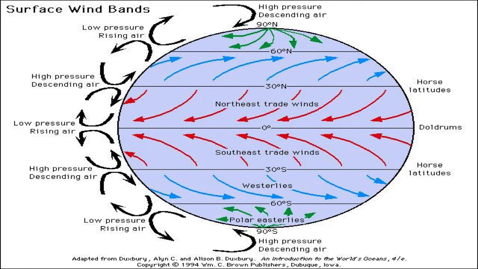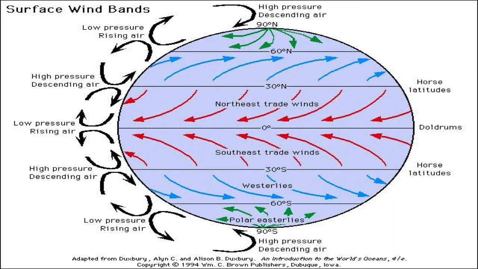After a little bit, it ends up balancing out and becoming a parallel motion to the isobars. This typically happens with upper air winds or geostrophic winds. When you have more friction, closer to the surface of the Earth, this lowers wind speeds and lessens the Coriolis effect.